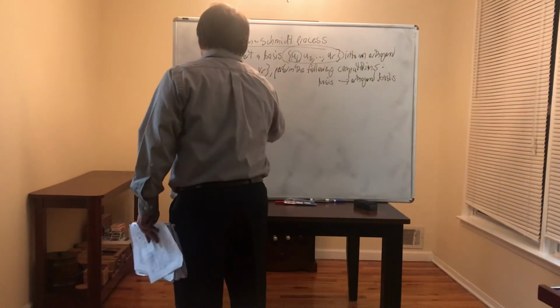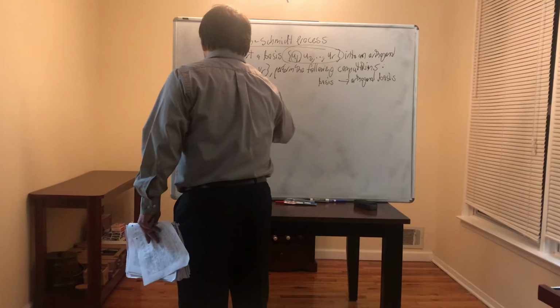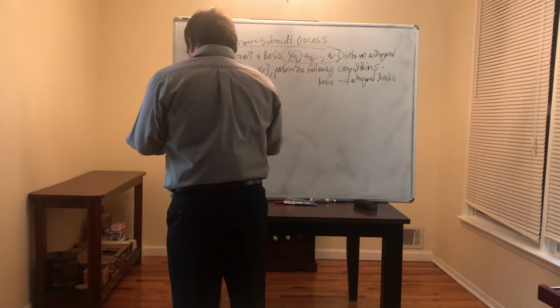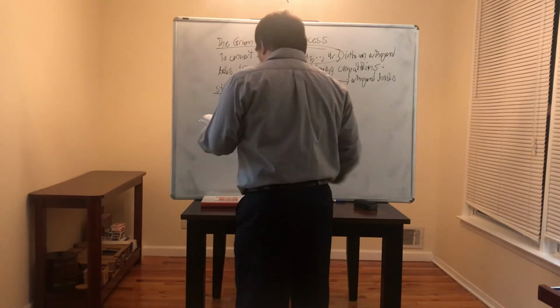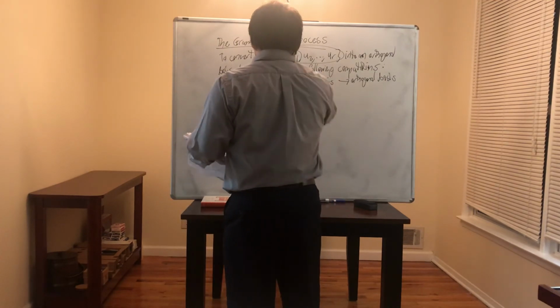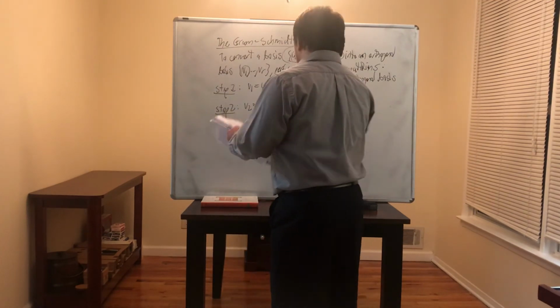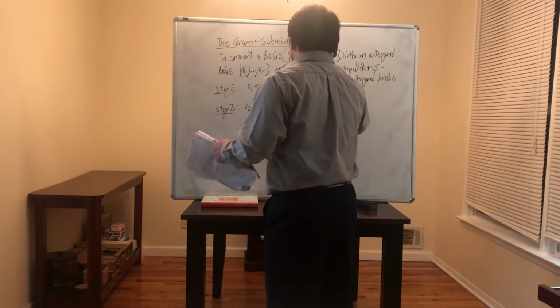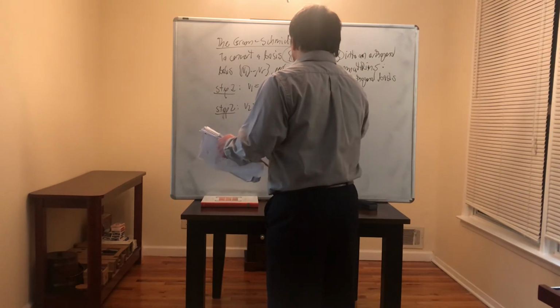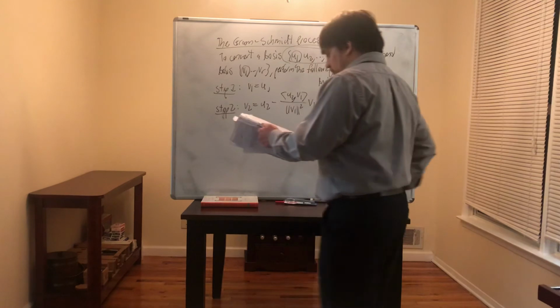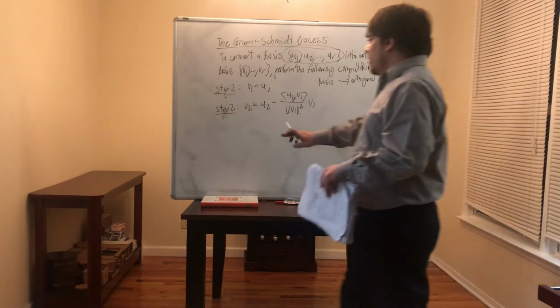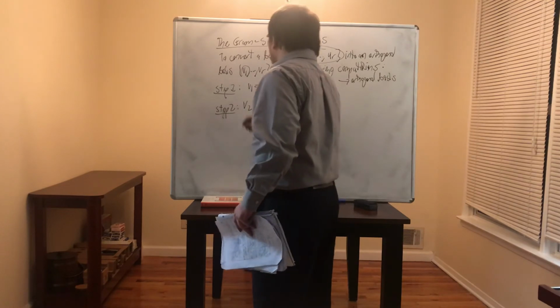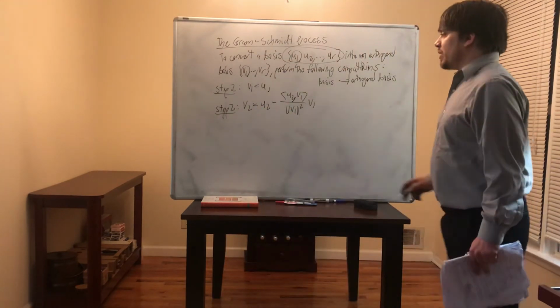Step 2 is that the second vector in your new orthogonal basis, v2, is going to be u2, the second vector in your old basis, minus the inner product of u2 and v1 over the norm of v1 squared, times v1.